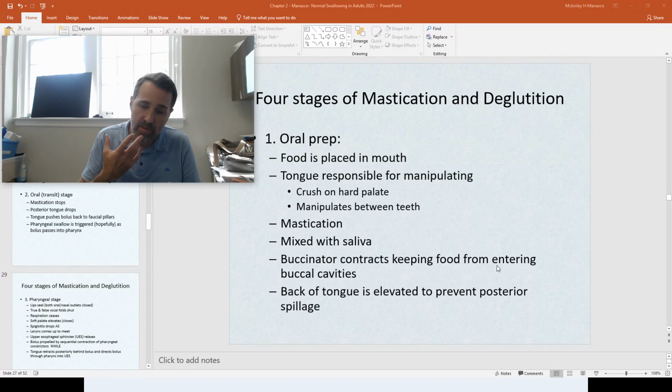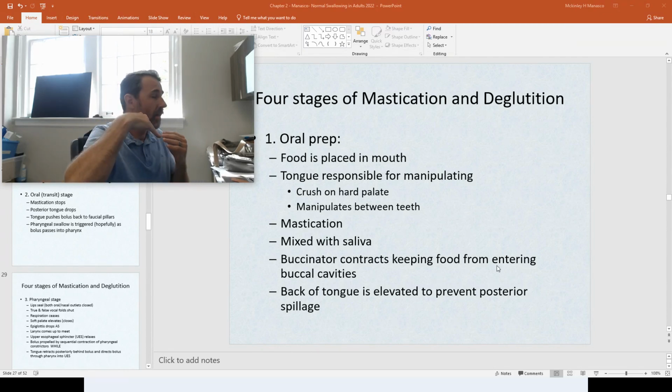as the mouth is generating saliva. The cheeks are tensing, keeping the bolus in the center of the mouth, keeping the bolus from falling into the buccal cavities. The back of the tongue is elevated to prevent any premature posterior spillage of the bolus.